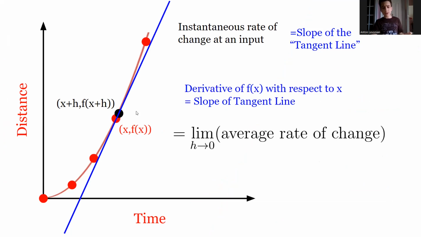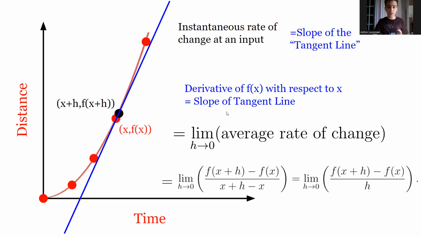This is the limit as h approaches 0 of the average rate of change. What this is telling us is as h gets closer and this black point gets closer and closer to this red point, the average rate of change between these two gets closer and closer to the instantaneous rate of change at the red point. Then the average rate of change we can calculate using rise over run. So we can calculate this with change in y over change in x.